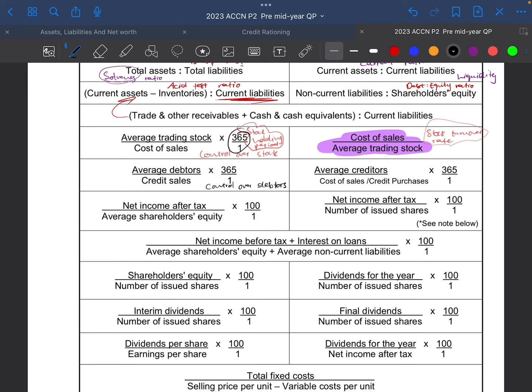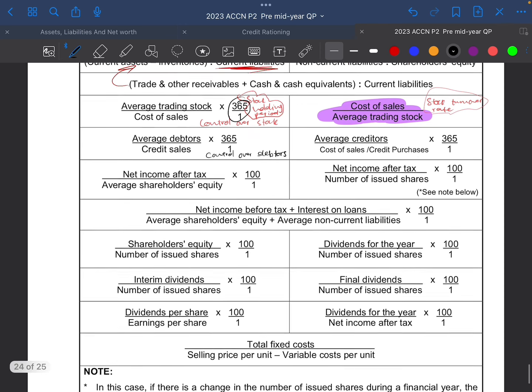Now, it's just control over debtors and show how you're able to collect money from your debtors, how much you're giving to debtors. It's just average debtors over credit sales, and it's average debtors collection period. Like how much can you collect? How fast are you collecting from your debtors? I really can't give more explanation to that.